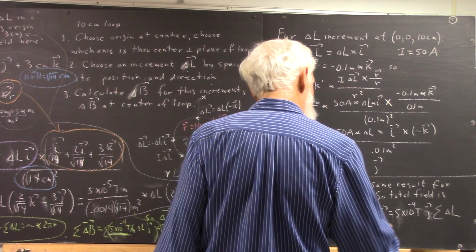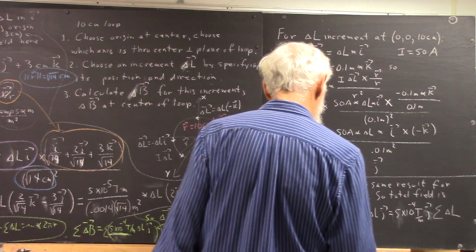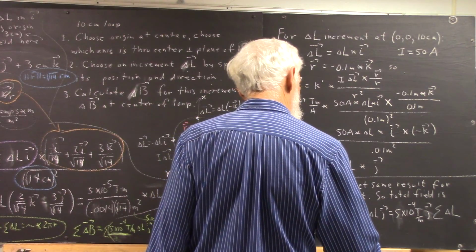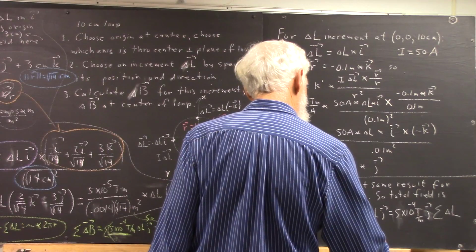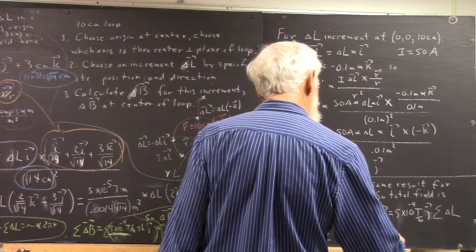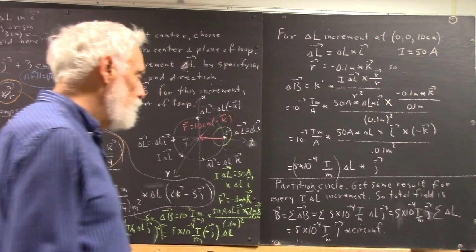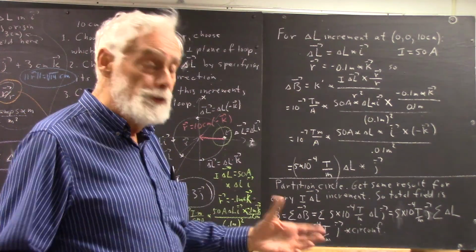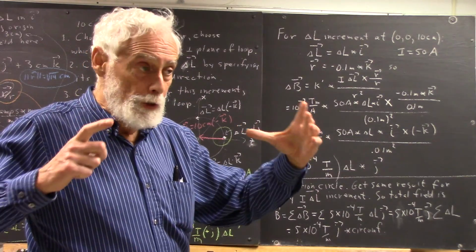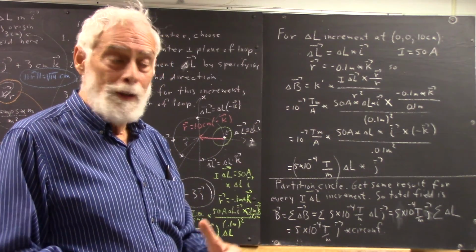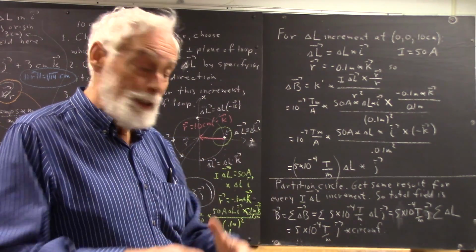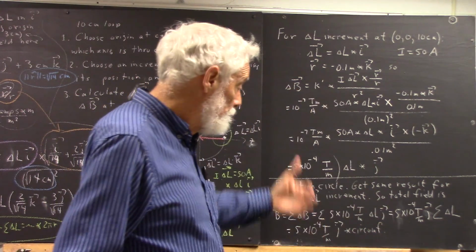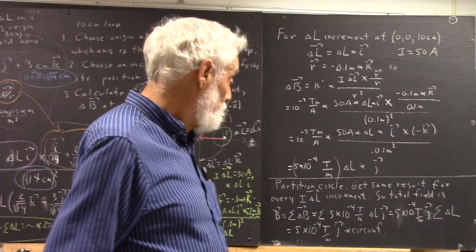So this is going to be 5 times 10 to the negative 4th Tesla per meter times J, and it's Tesla per meter. I didn't write the meter here. I need it here and I need it here. Times the circumference. Well, the circumference is 2 pi r, right? 2 pi times the radius, because the definition of pi is the ratio of circumference to diameter. So it's pi times the diameter, and diameter is twice the radius, so it's pi times 2r.